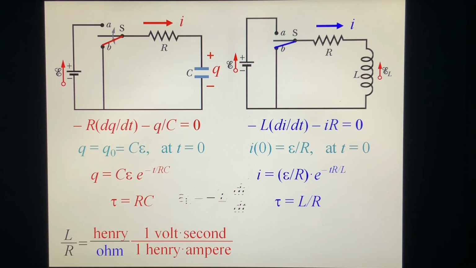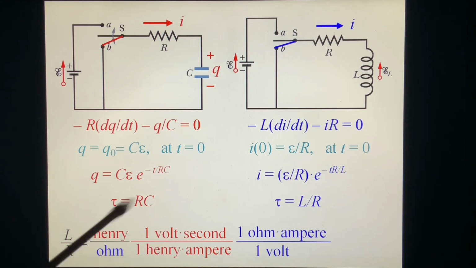And 1 volt equals ohm times ampere. Then volt cancels out, ampere cancels out, ohm cancels out, Henry cancels out, and we are left with second. So L over R has the dimension of a second.